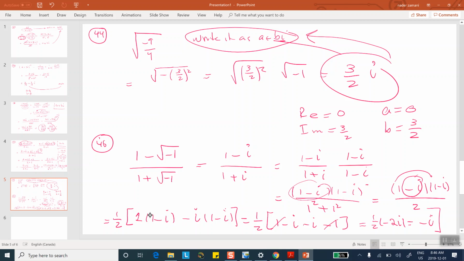So this is going to be 1 times this, 1 times 1, minus i, minus i. Yeah, that's a mistake. There's a mistake here. Oh no, it's okay. So minus i times minus i becomes i squared, and i squared is minus 1, which I wrote. These cancel, and I get this. So I'm pretty sure it's okay. If not, let me know.